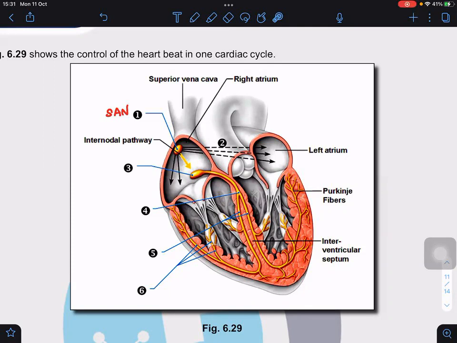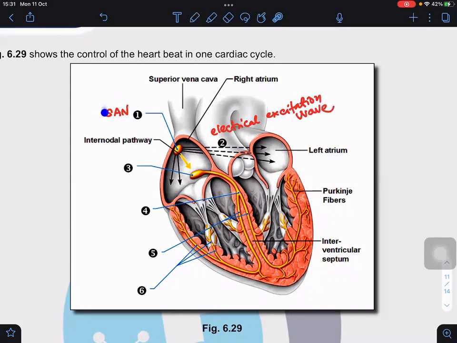Are you clear? So the first person, the SAN, contracts, and it will trigger the rest of the cardiac muscle cells to contract. So this is number two. Here is what we call the electrical excitation wave spreading out.